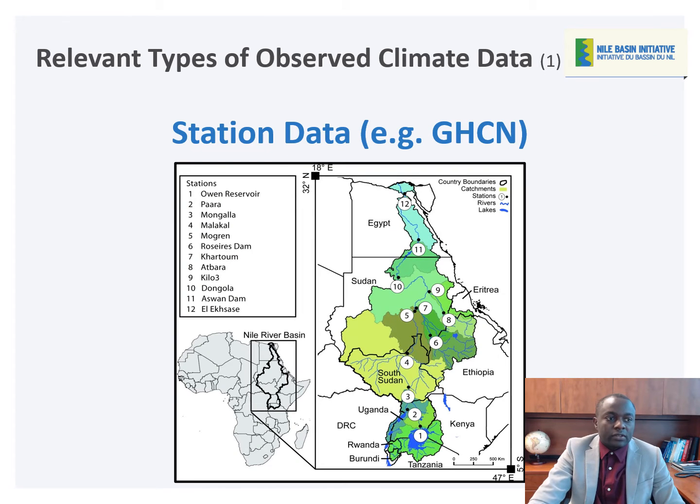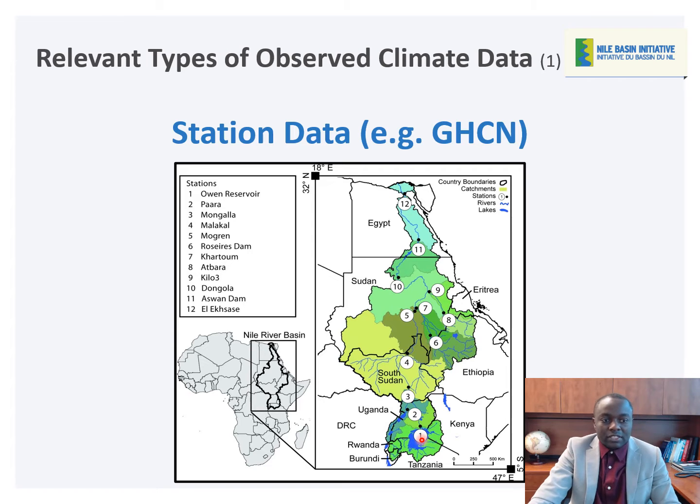What are station data? These are data collected at a specific point, such as a synoptic weather station, a climatology station, an agricultural station, or a hydrometeorological station. These station data are irregular in space, and they often have so many issues which we will discuss in subsequent slides.